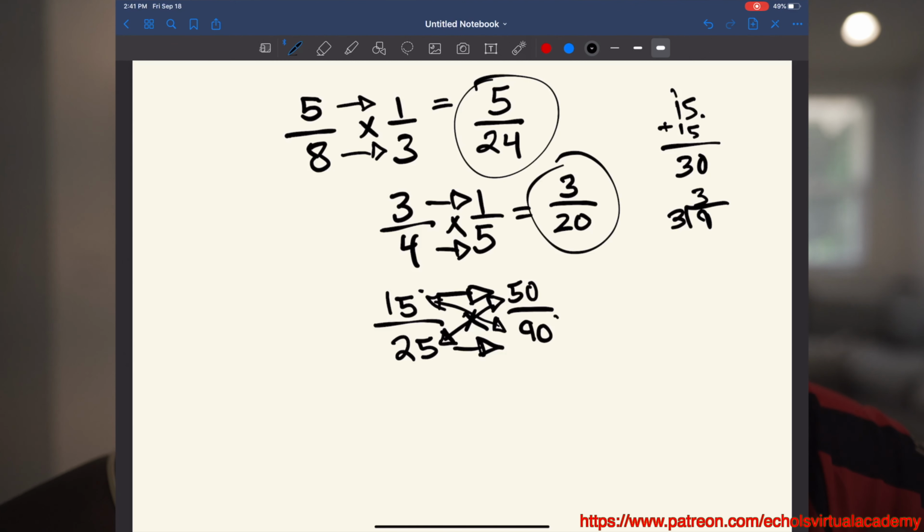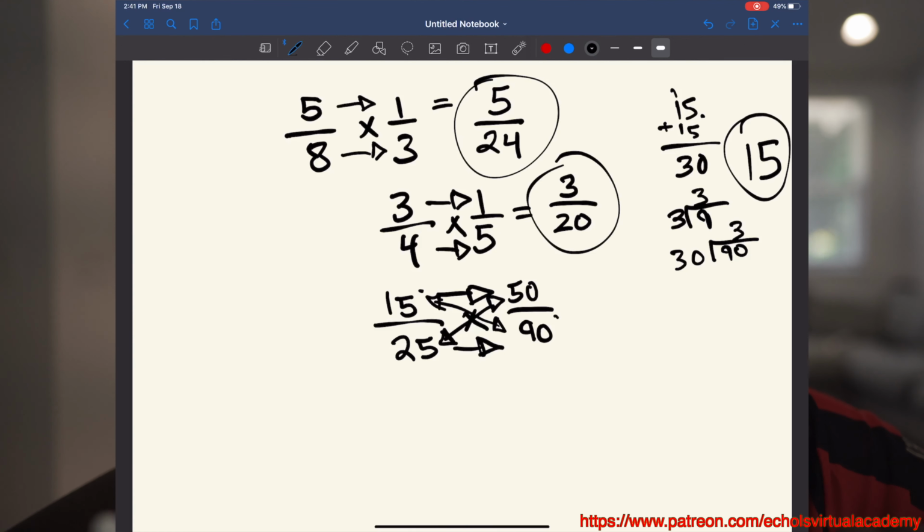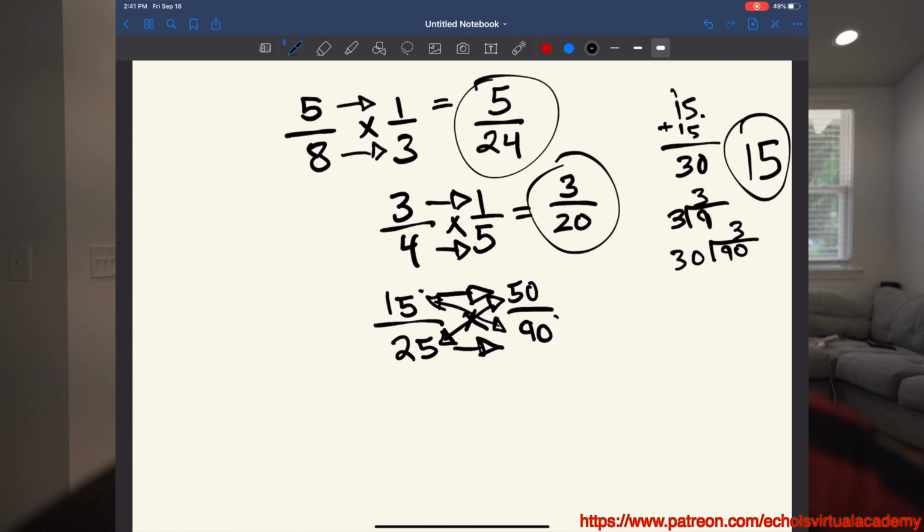So then that means that 30 goes into 90 3 times. I hope you're following me. What that should tell you is that 15 is the biggest number that can be divided into both 15 and 90. So let's divide both of these numbers by 15.